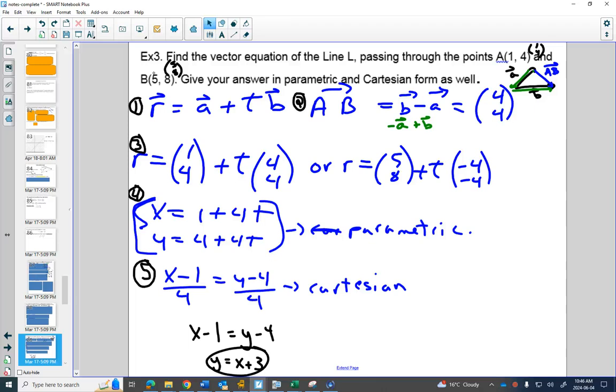So a couple things. I think the direction vector is easier and faster than using a slope formula. Because with the slope formula, you have to think about fractions here. You just don't worry about it. Just think about your x coordinates, think about your y coordinates. Okay?